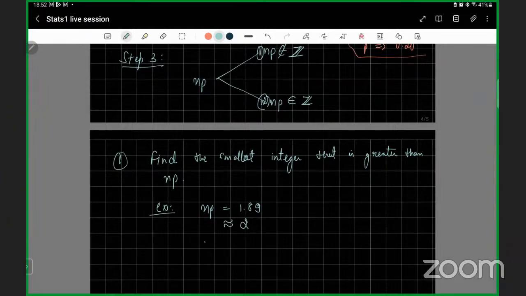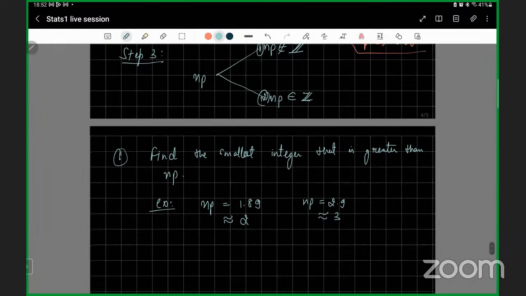Then, say NP is 2.9, again not an integer, so we'll take it as 3. And if NP is 2.1, again you will take it as 3. You always find the next integer that is greater than NP.